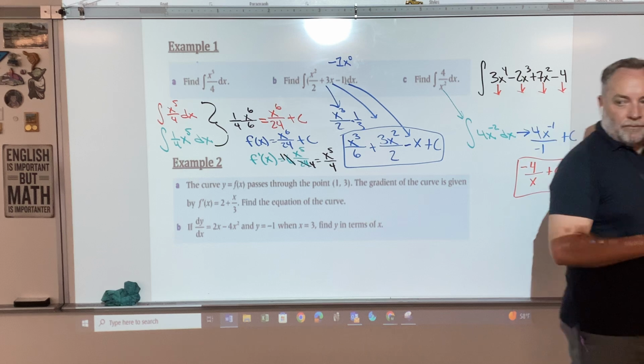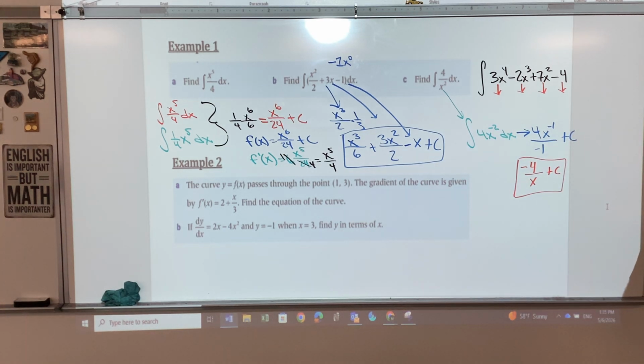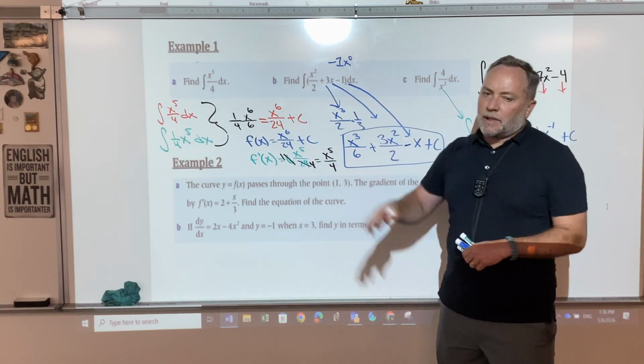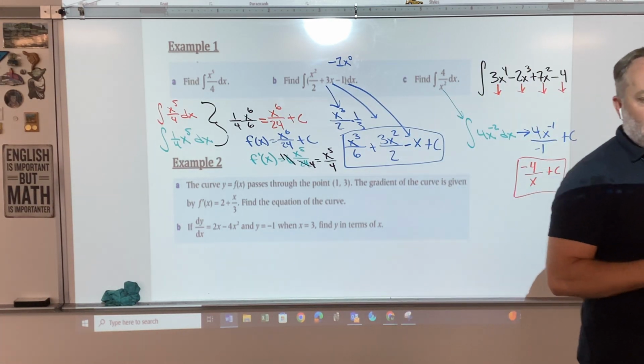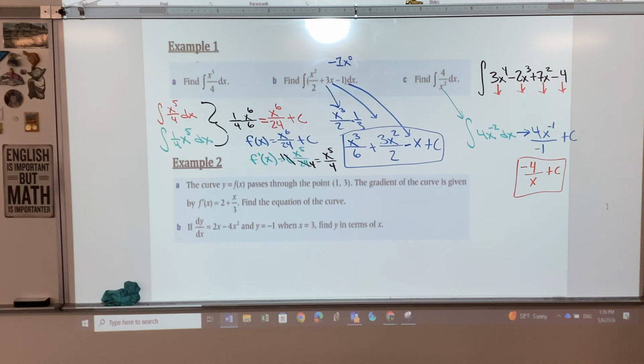Why does this look so much crazier than normal? Part of it's the notation. You've never seen this integral before, and everybody's like, "Oh, that's a crazy looking thing." When I do derivatives, I get these numbers all the time, but they're never fractions. There's a few fractions put in here on purpose to make you think through what's happening.